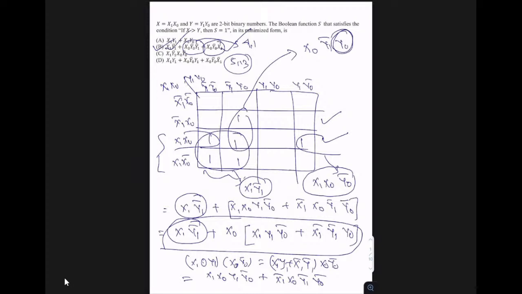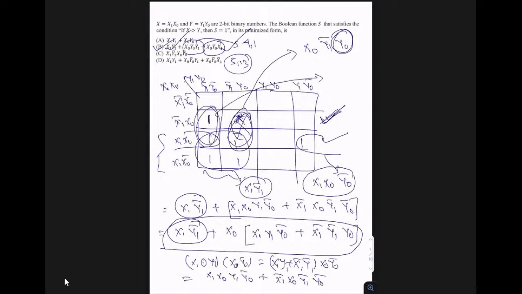So if I ask you to plot X1 bar, X0, this is the row, right? And then you have Y1 bar, Y0 bar. So this is what it will be, not this one, not this one. So this pair will not come into the picture. This pair will come into the picture.